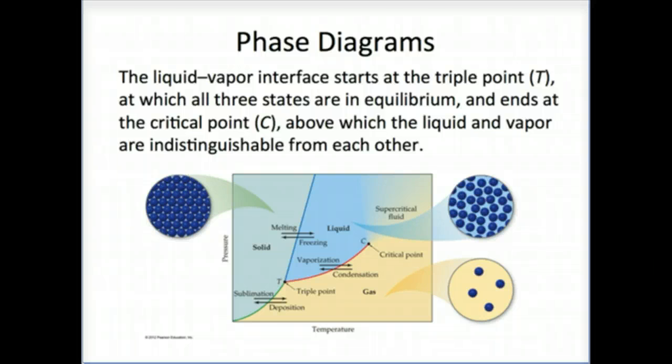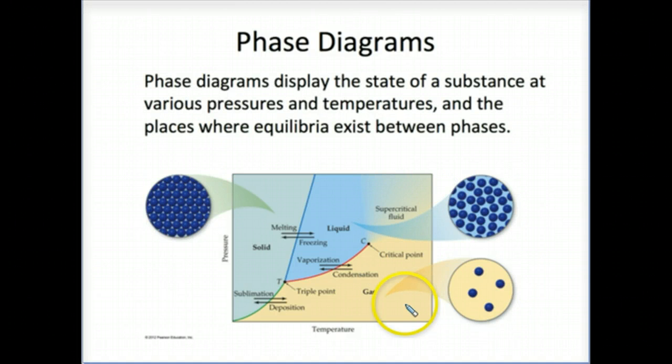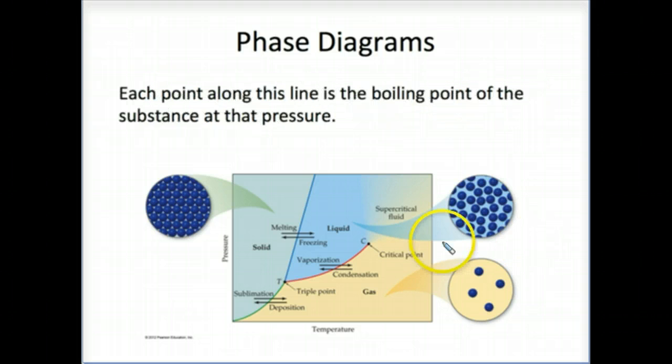Now, again, when you look at this and we're looking at the states, notice that we have the critical point, okay, which is right here, and at this point, notice it stops, and we have what we call the supercritical fluid. In other words, you can't distinguish the liquid from the gas.